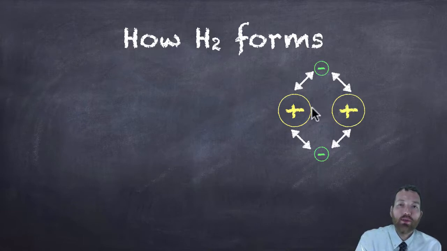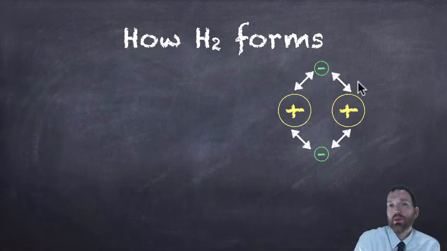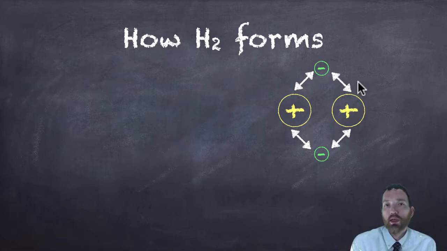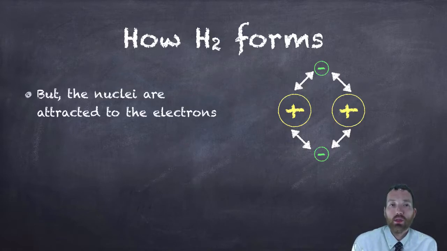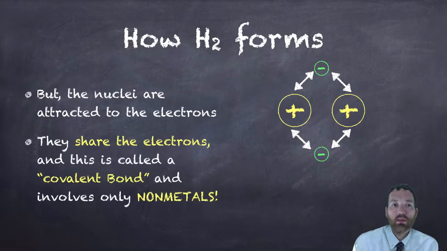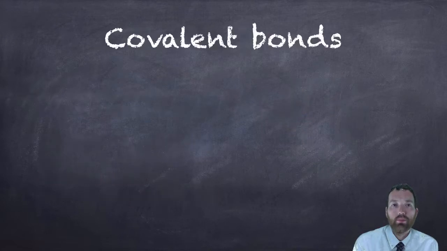And it's that strength of attraction between the positive protons in the nucleus and the negative electrons floating around the two that provides the force, the strength to hold these atoms close together. So as you've seen here, the nuclei are attracted to the electrons, and they share the electrons, and this is what we call the covalent bond. And again, this only involves nonmetals.